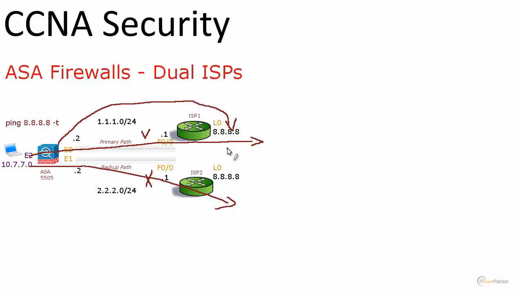How can we test it? Yes, you guessed it. I am going to shut down the loopback interface behind ISP1. It will tell my ASA, oh, ISP1 is down, I should stop using that path. We'll kill it. I hope it will start using ISP2.